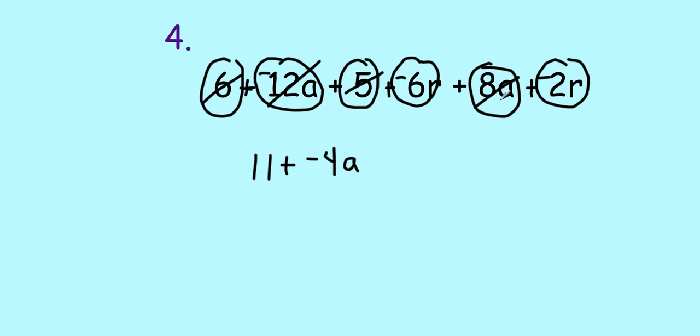Same sign, so we add. 6 and 2 make 8, and they're negatives, so it's plus negative 8r. If you want to put parentheses around those with the negatives, it's a good idea to do that to group the sign with the number.